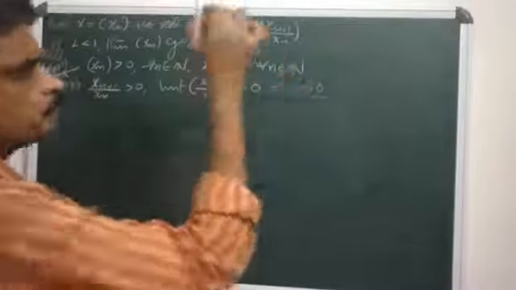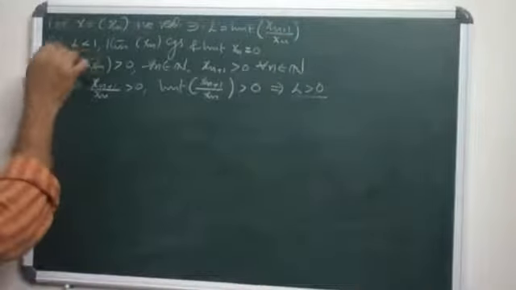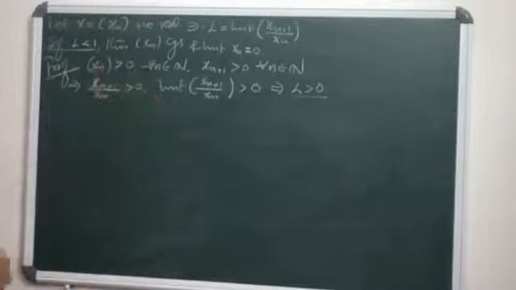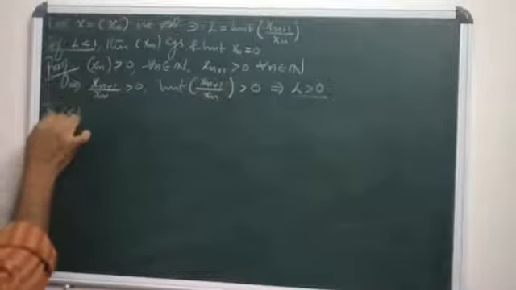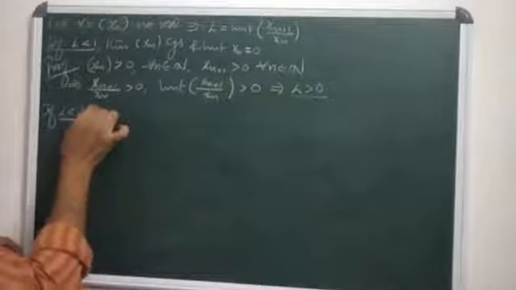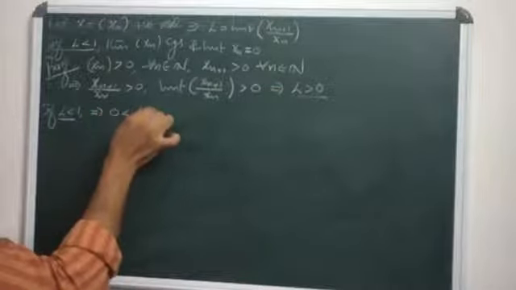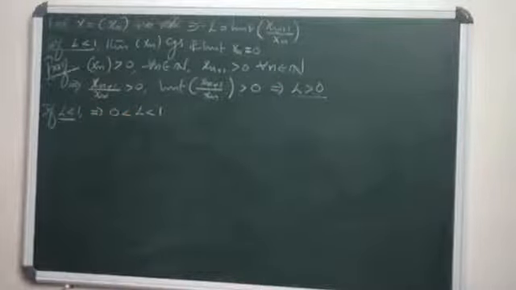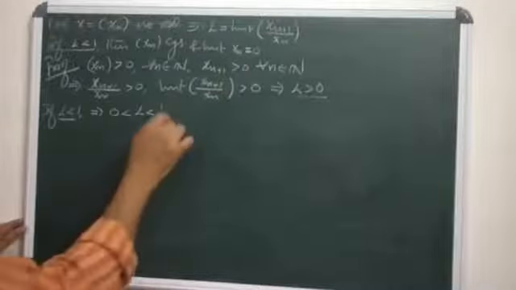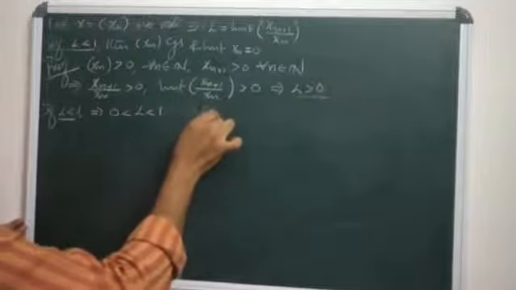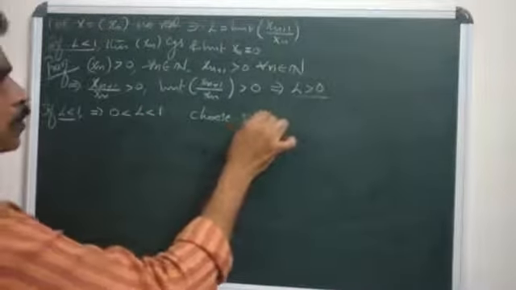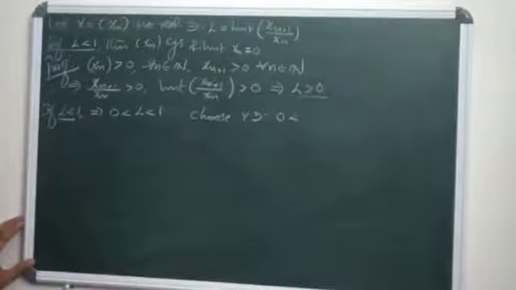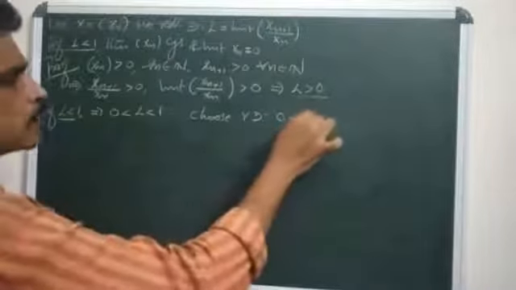So now, suppose L less than 1, coming to the second part. If L less than 1 but L greater than 0, that means 0 less than L less than 1. So you can choose an r such that 0 less than L less than r less than 1.